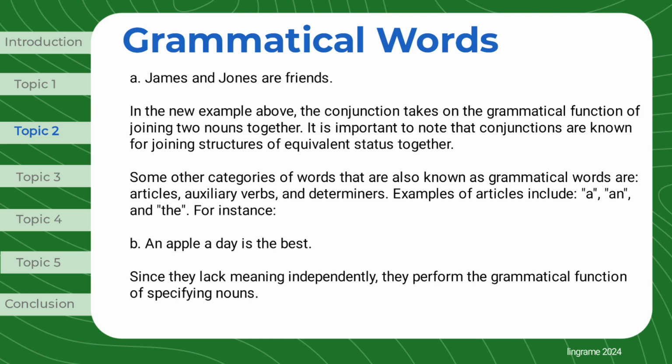Some other categories of words that are also known as grammatical words are articles, auxiliary verbs, and determiners. Examples of articles include a, an, and the. For instance, an apple a day is the best. Since they lack meaning independently, they perform the grammatical function of specifying nouns.